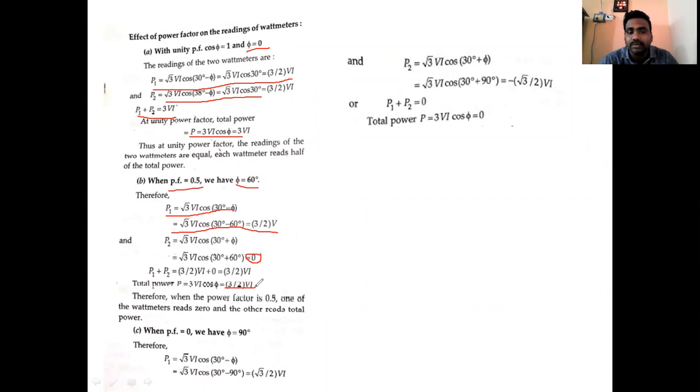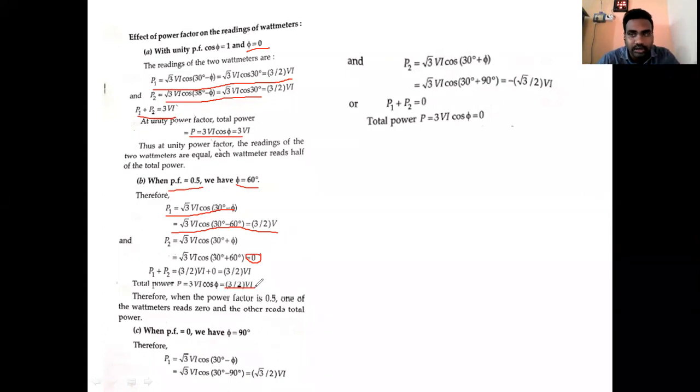Power factor is nothing but the cosine of the angle between voltage and current. If the cosine of the angle between voltage and current is unity, both wattmeters will read half of the total reading. If the power factor lies below unity, one of the wattmeters will indicate a zero reading.